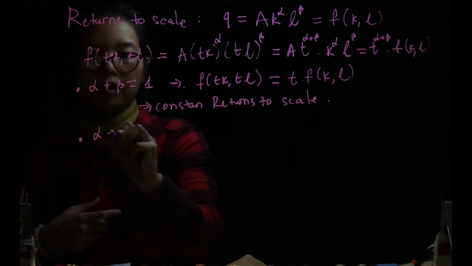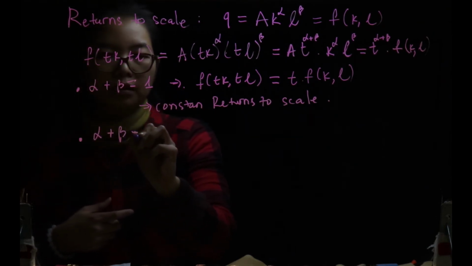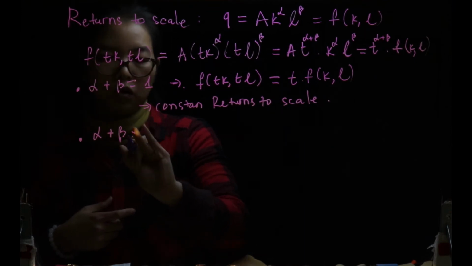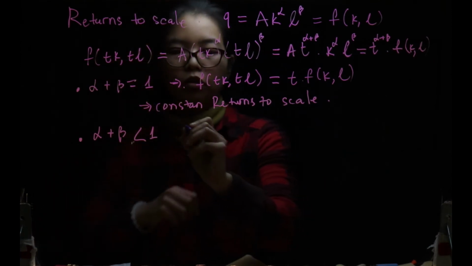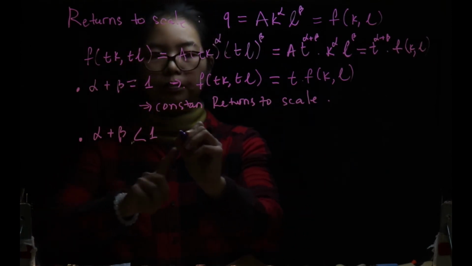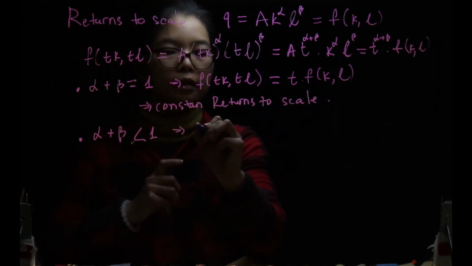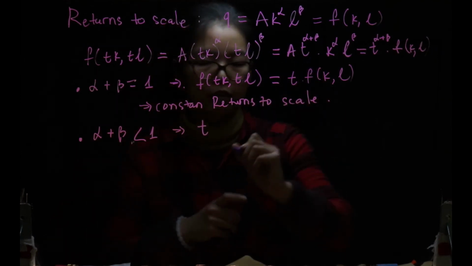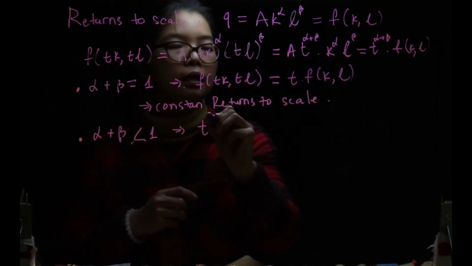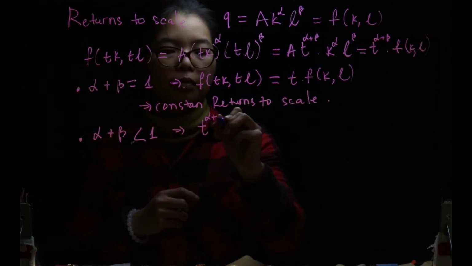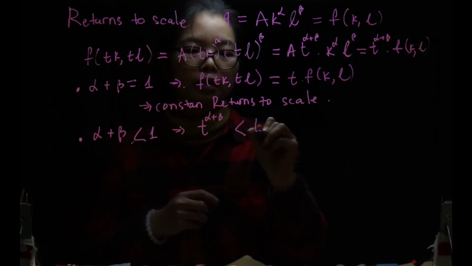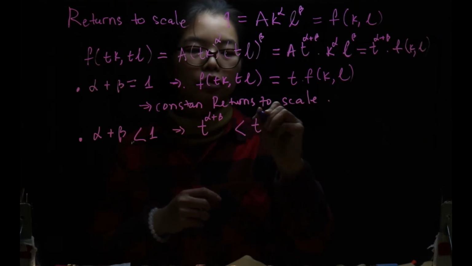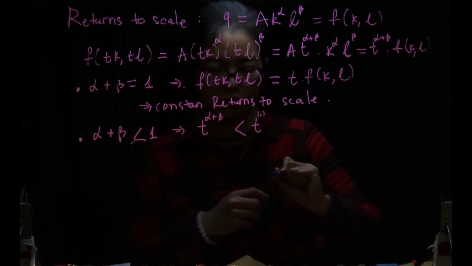Now, the second case, similar procedure. So if alpha plus beta is smaller than 1, take it slowly. So if alpha plus beta is smaller than 1, then we take care of the t first. t to the power of alpha plus beta will be smaller than t. Actually here, t to the power of 1, right?